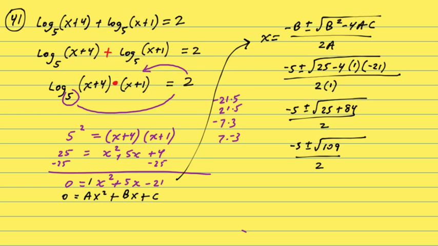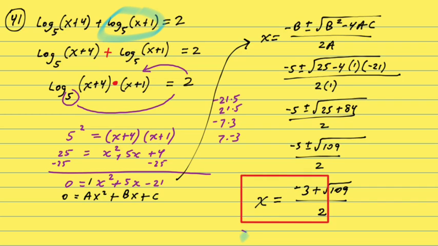You're going to want the bigger of the two numbers because the smaller one is going to create the log of a negative. So your answer, I believe, is going to be negative 3 plus radical 109 all over 2. The other one would, that's not an approximation, that's an exact. The other one would give you a log of a negative if you were to substitute it in.